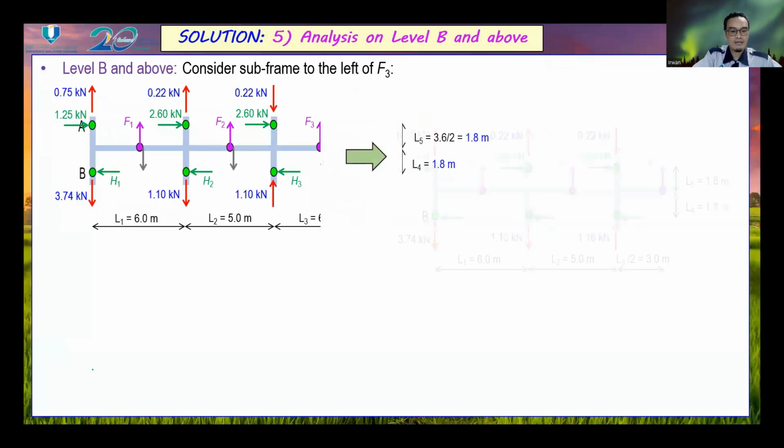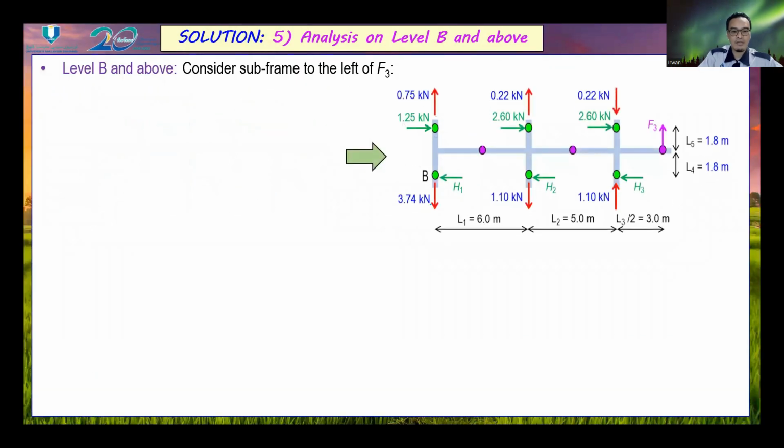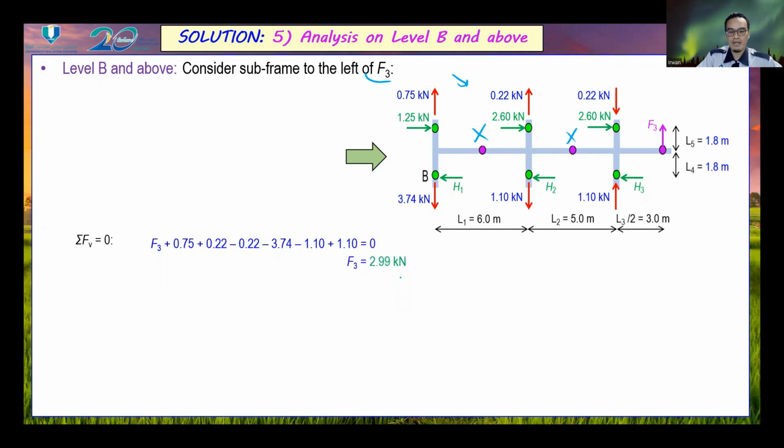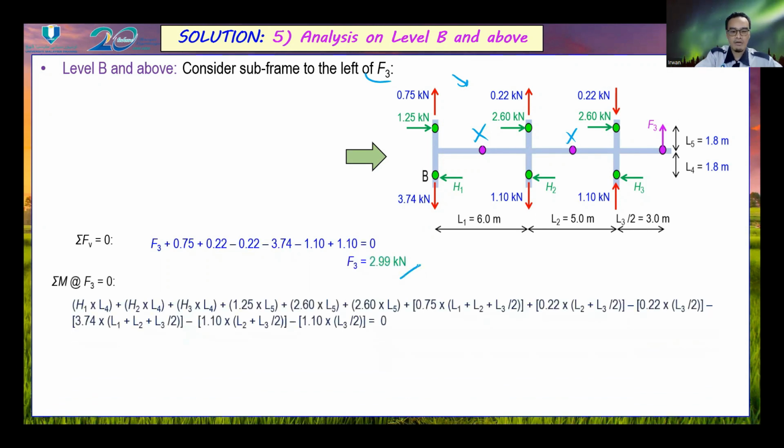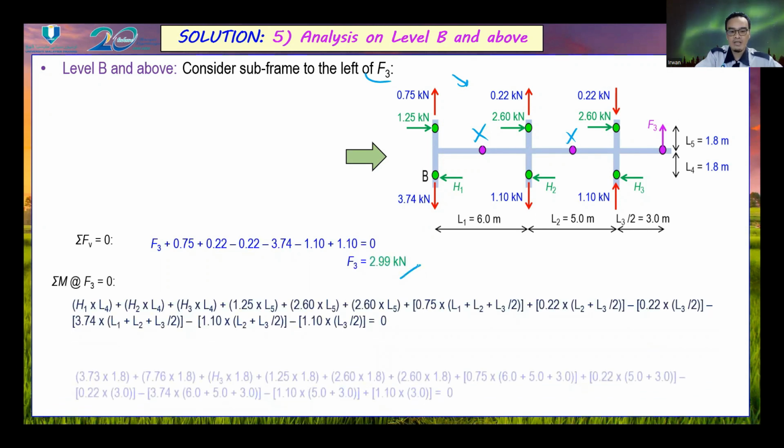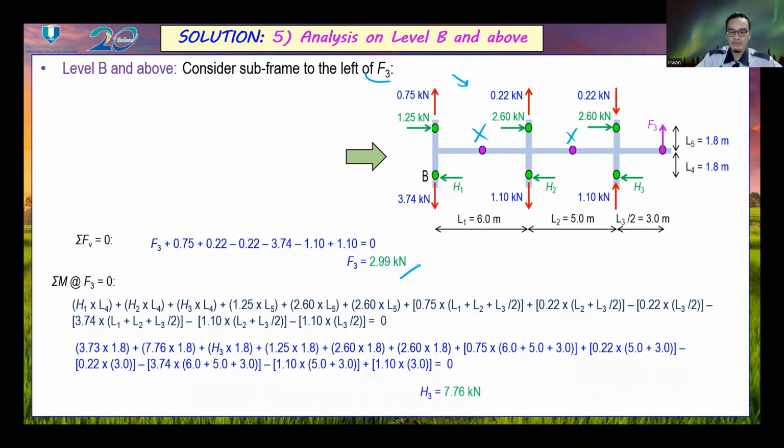Next, we consider the subframe to the left of F3. Like this one, we only consider this subframe, no F1 and no F2. The value of F3 shall be equal to 2.99 kilonewton, and the value of H3 is equal to 7.76 kilonewton.